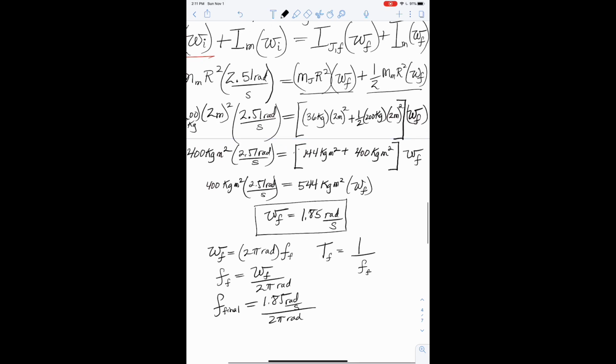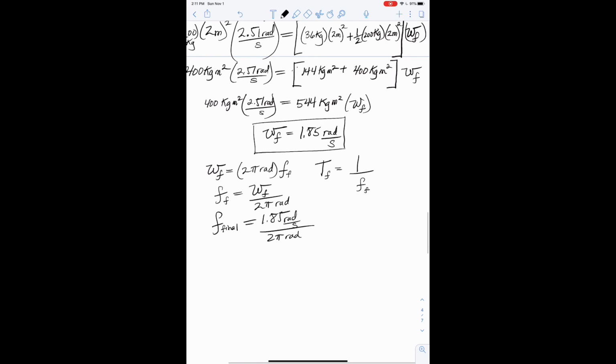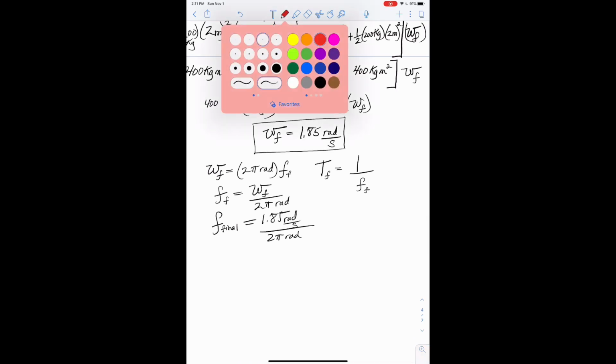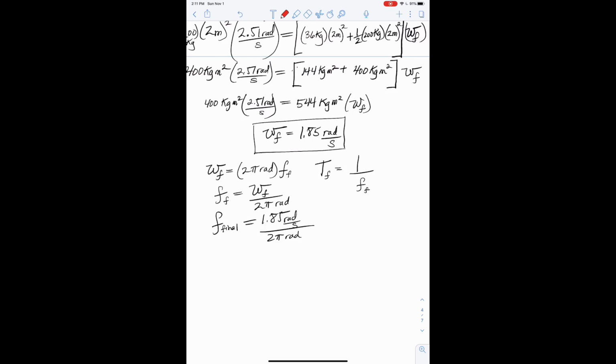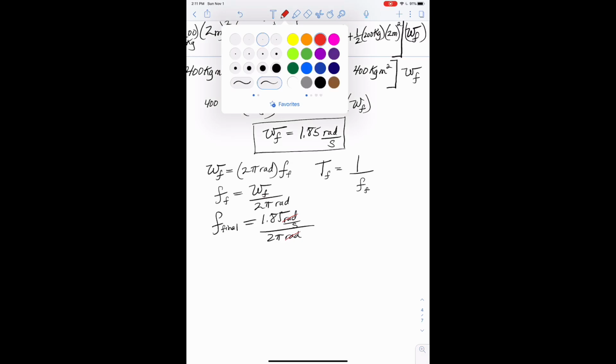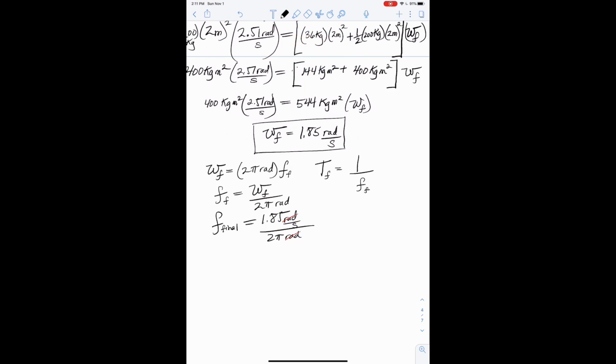All right, so those radians are going to cancel away, and we're going to be left with per seconds, which is what frequency is. It's in seconds to the minus 1, also known as cycles per second. Cycle is one of those shadow units, once again, that we don't really worry about.